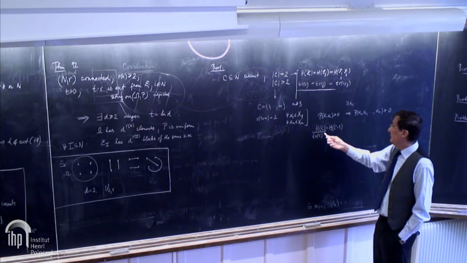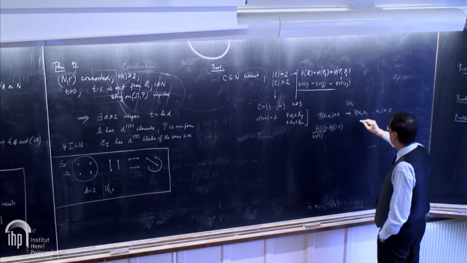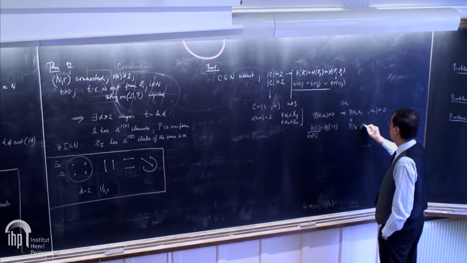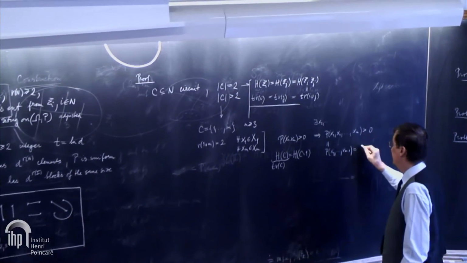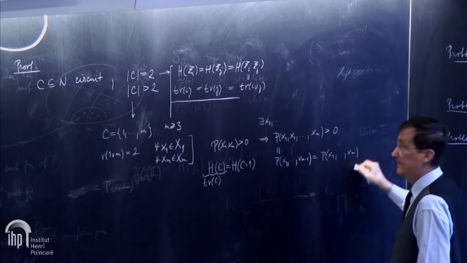That means each variable is a function of the remaining variables, and therefore this probability is equal to p(x_1 till x_{m-1}), and it's the same as p(x_2 till x_m).